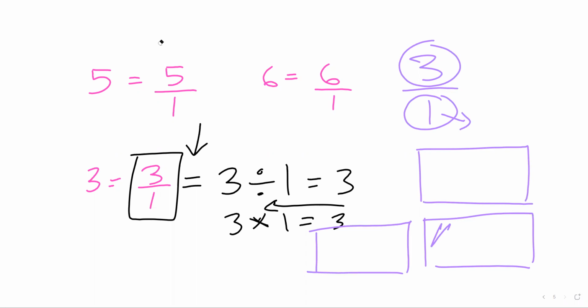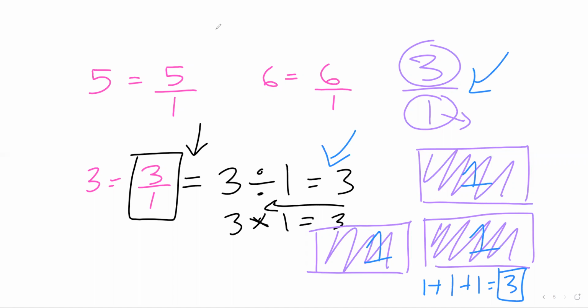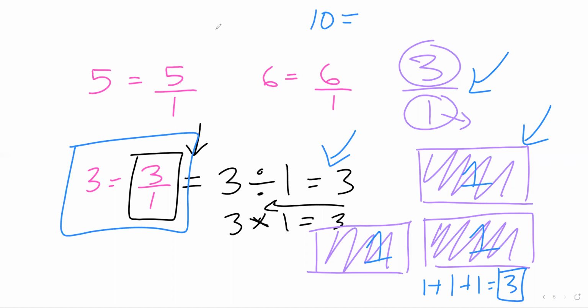And if each one of these is equal to 1 whole, well, then this is 1 whole, this is 1 whole, this is 1 whole, and 1 plus 1 plus 1 is 3. So again, this is the why we can do all this, and this is just the blatant how. It's just straightforward. If I have the number 10 and I want to make a fraction, I just call it 10 over 1.